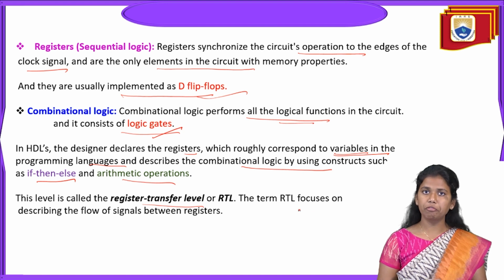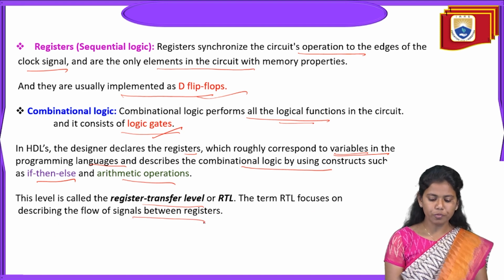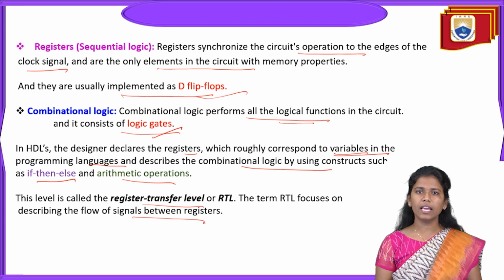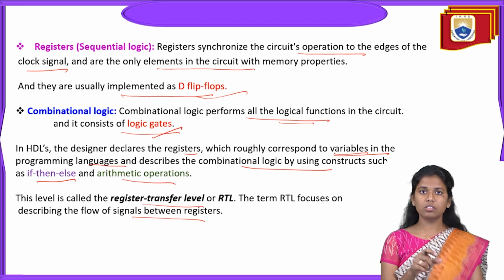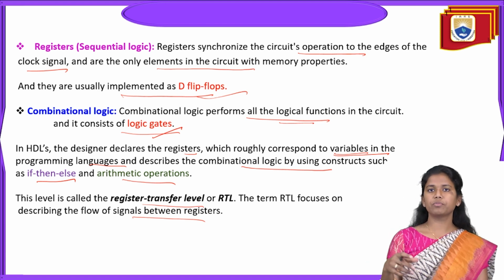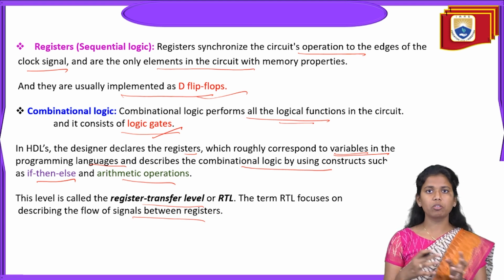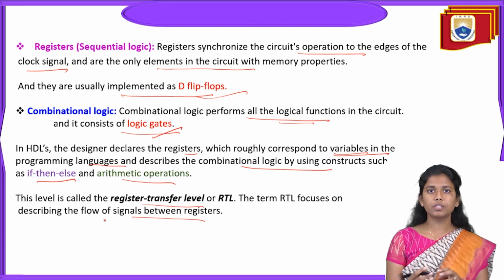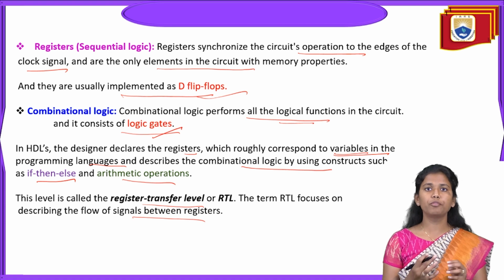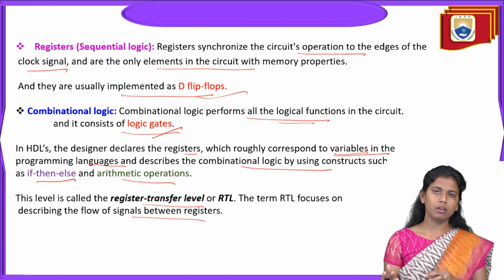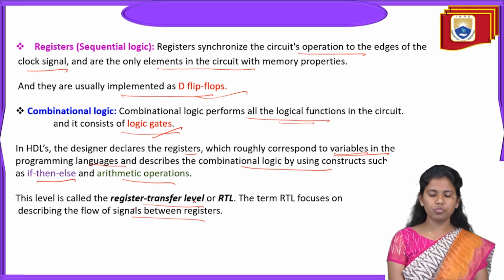The term RTL focuses on describing the flow of signals between the registers. As the name indicates, register transfer level is nothing but some data being transferred between the registers.